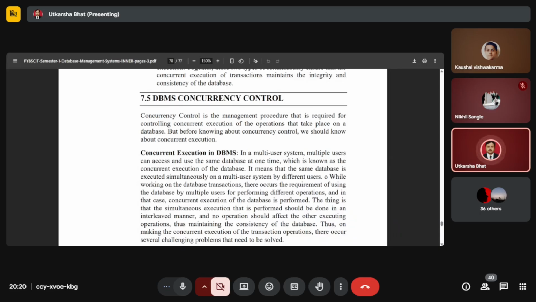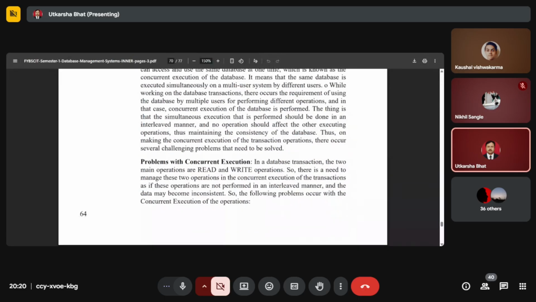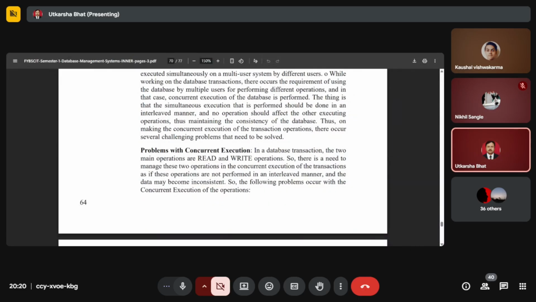While making concurrent execution of transaction operations, several challenging problems occur that need to be solved. Problem with concurrent execution: in a database transaction, the two main operations are read and write.